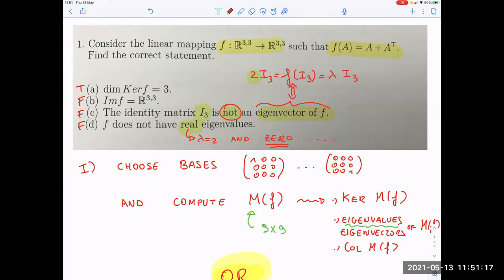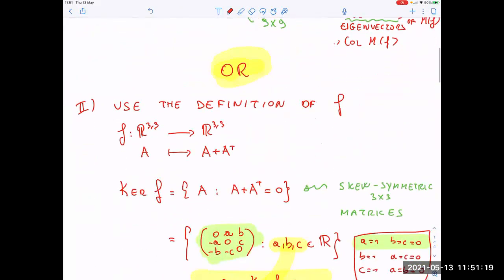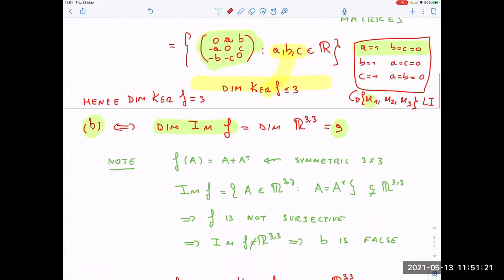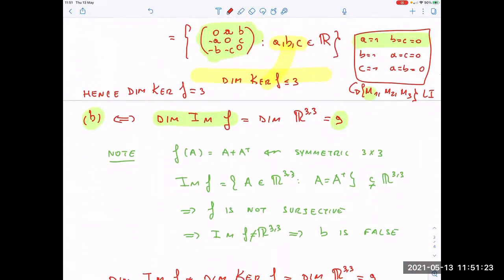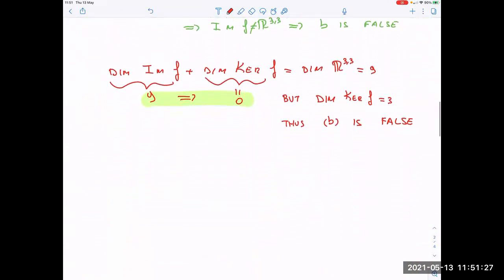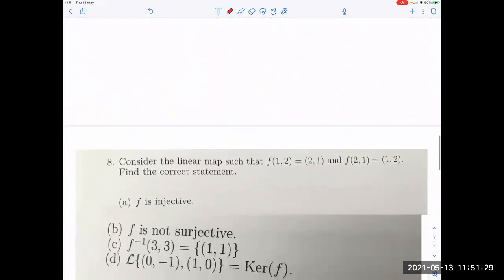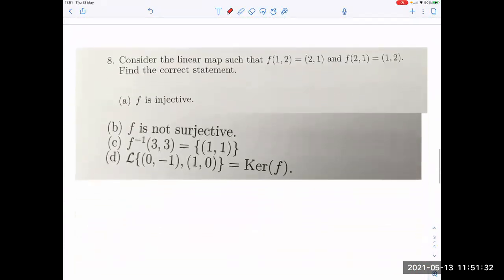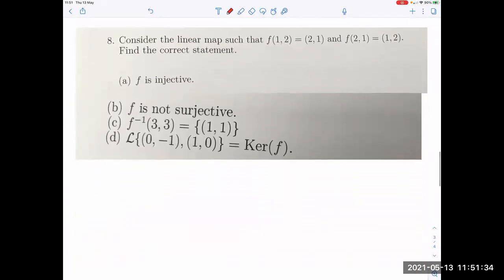Okay, so now let's play the same game. If you don't have doubts or questions about this one, let's say we play the same game for this one here. So we are given a linear map through the images of elements of a basis of R2.